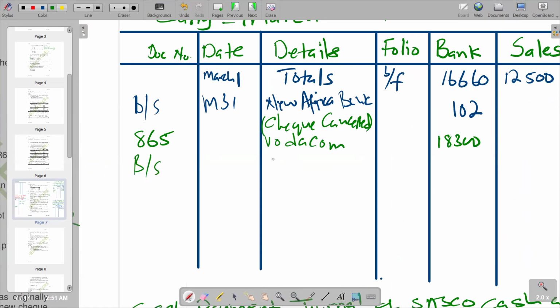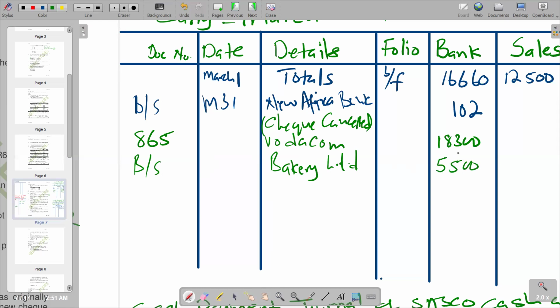And we have the one from Baker Limited. The amount that we have for Baker Limited is 5,500.